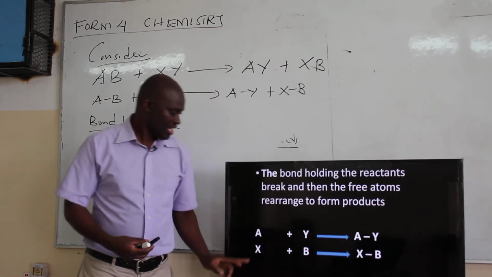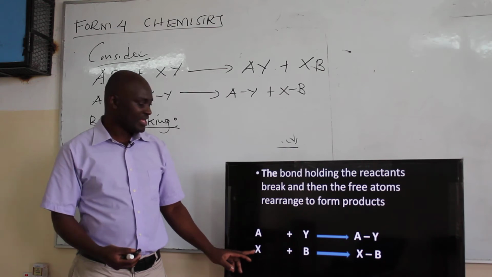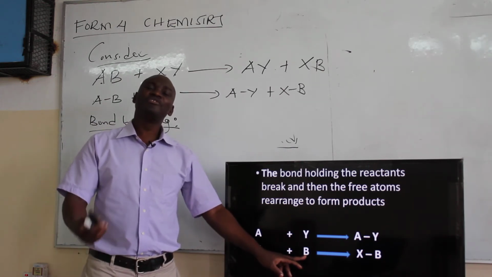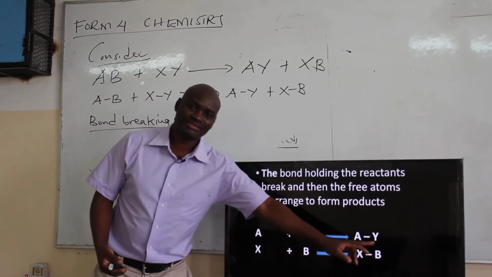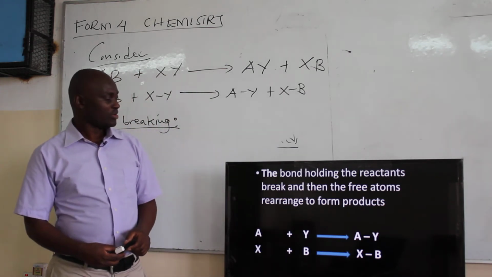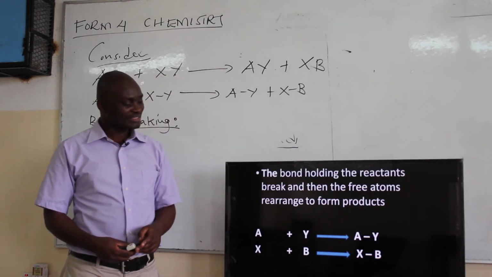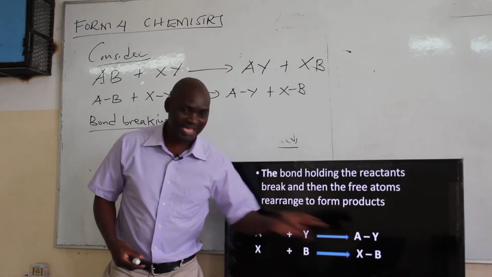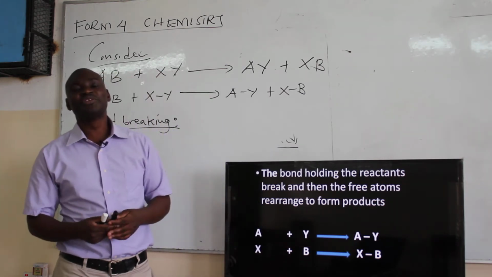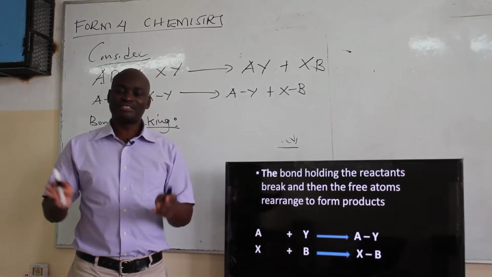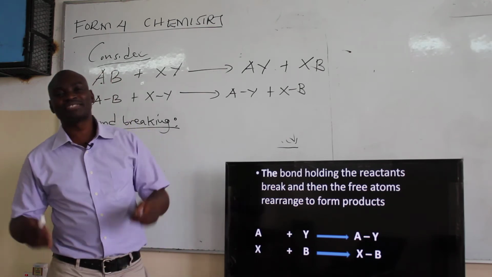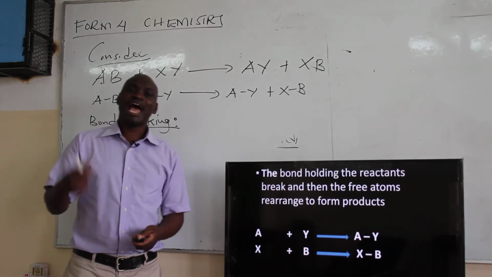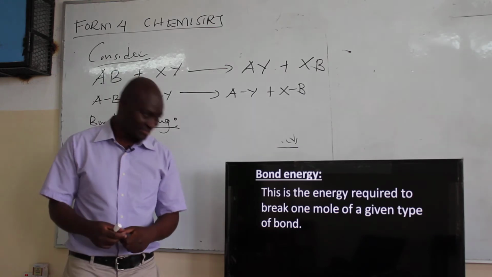X will combine with B, and a new bond XB is formed. So we have new products, AY and XB. That is what happens during a chemical reaction. Bonds are broken and then new ones are formed as the atoms rearrange themselves.